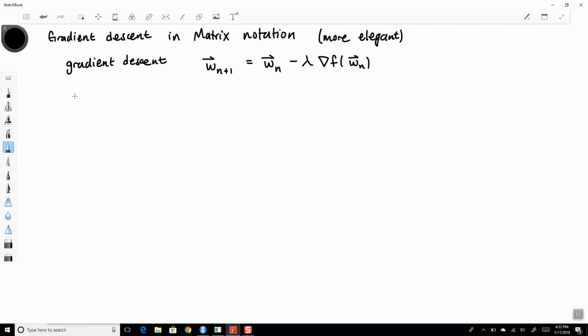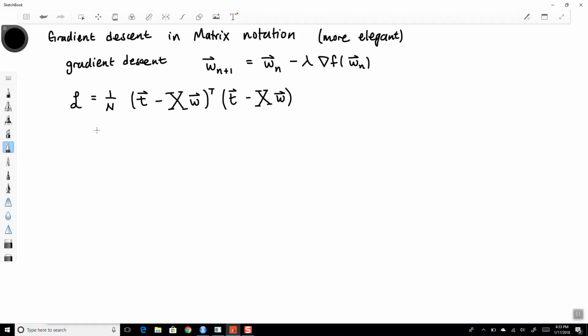So in matrix notation, our loss function, I'll keep the 1/n here, I think we established, is going to be (T minus XW) transpose times (T minus XW). We got rid of the summation because now we're in matrix notation.